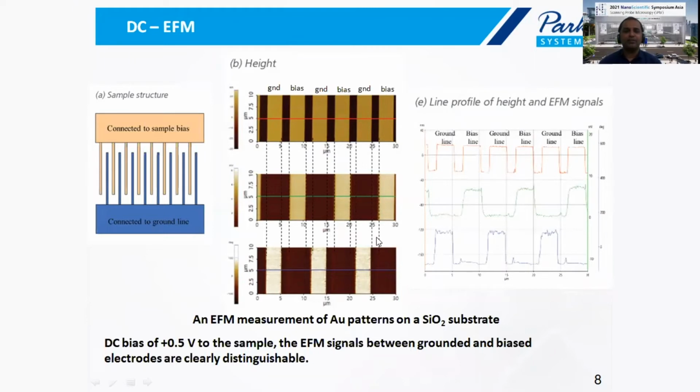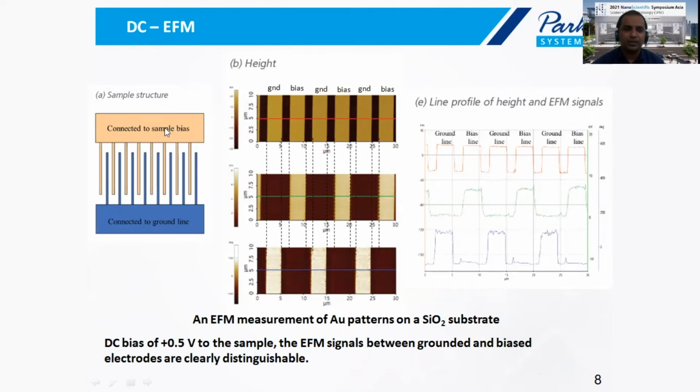There is another example given by this standard sample. These blue electrodes are nothing but these golden electrodes or golden patterns on your silicon oxide surface or substrate. These blue patterns are your grounded lines, right?